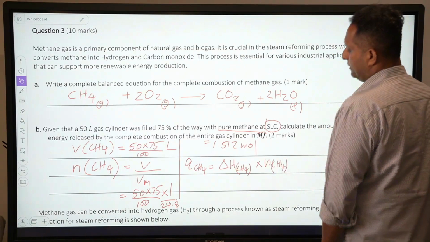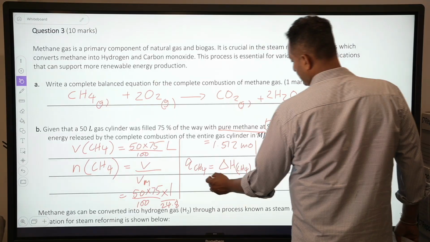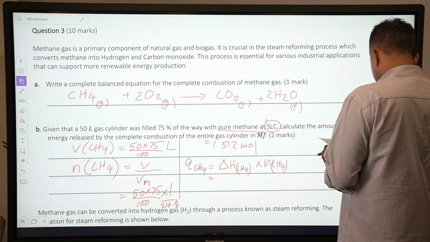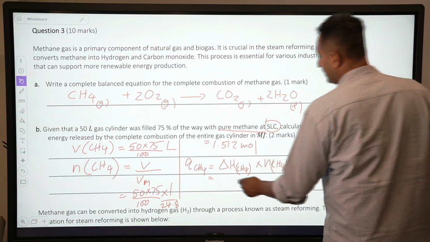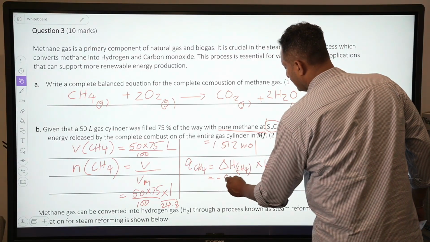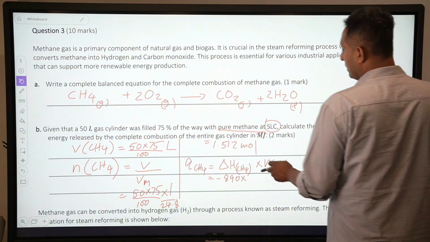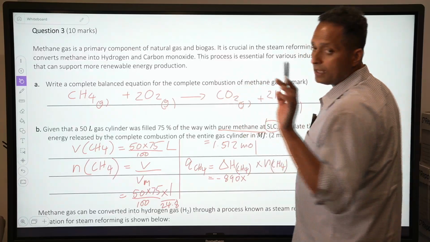Delta H is, I think from the data booklet, minus 890 kilojoules per mole.